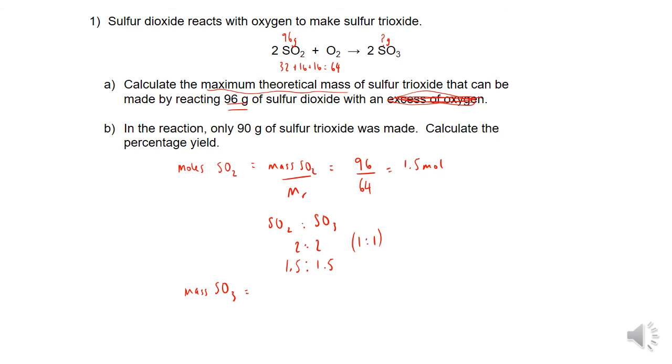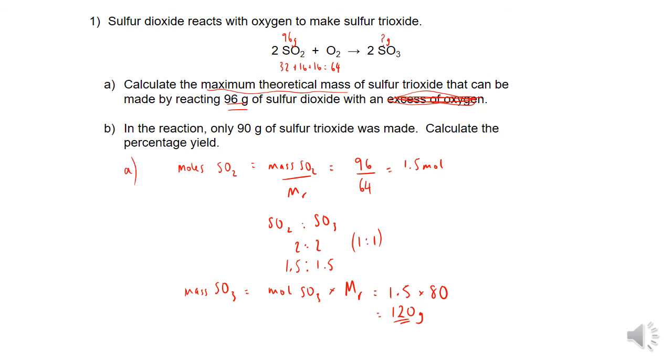So we can therefore use the moles that we've just worked out of SO3 times by the Mr of SO3 to work this out. Mr of sulfur trioxide is 32 plus 3 lots of 16, so that actually is an Mr of 80. So 1.5 times 80, and that comes out to be 120 grams. That is the mass that we would expect, the theoretical mass for part A.